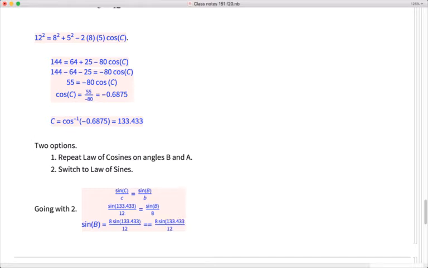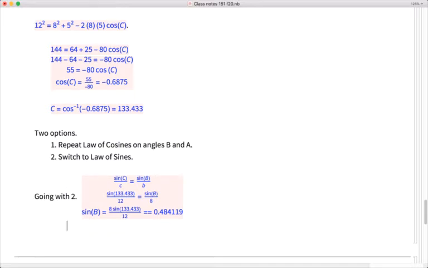We're going to need to do some calculator work. We need to get a decimal here for sine of B, and then I'll take the inverse sine. Sorry, we need to take the inverse sine of 0.48 to get B. I don't think I said that right. So sine inverse of 0.484119.